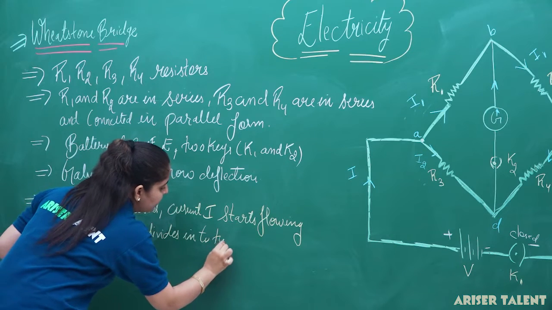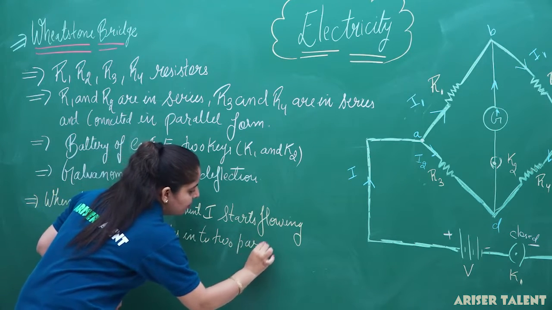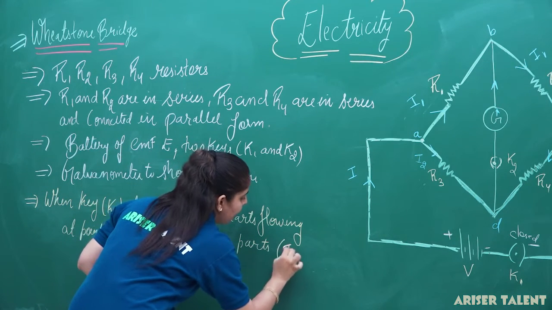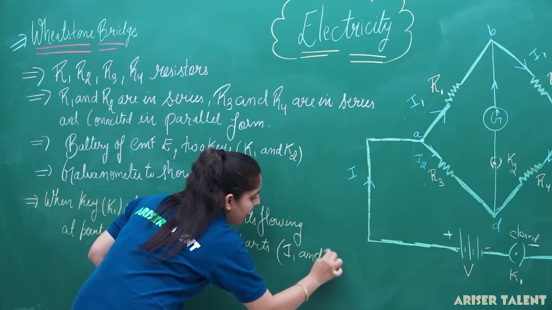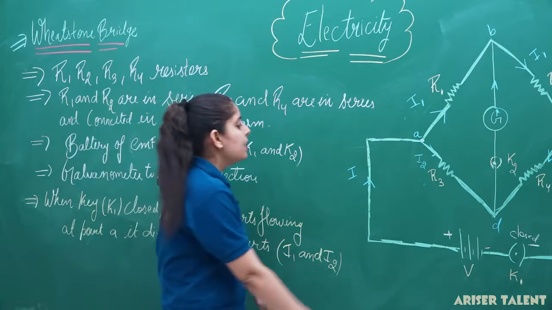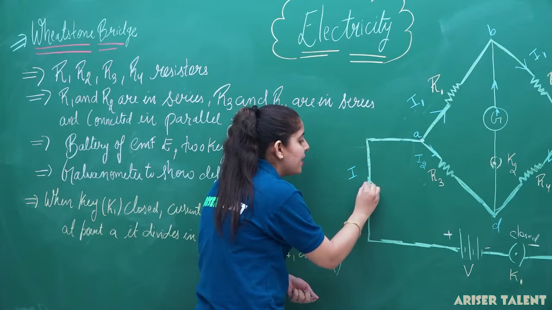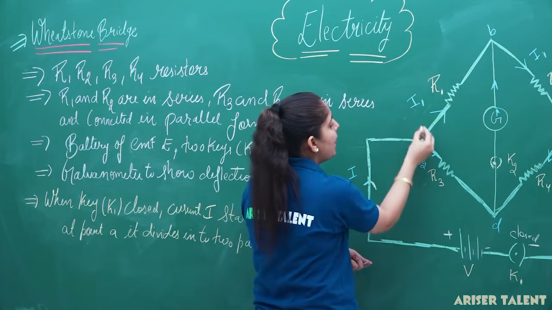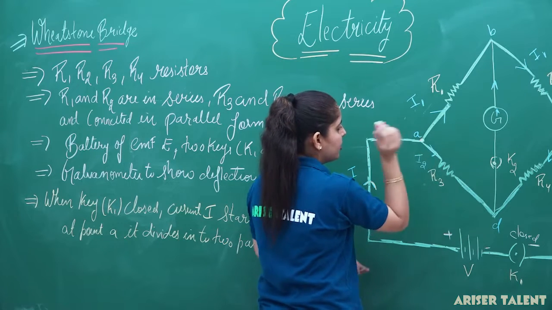And what are the two parts here? I1 and I2. So the current has been divided into two parts at this junction.